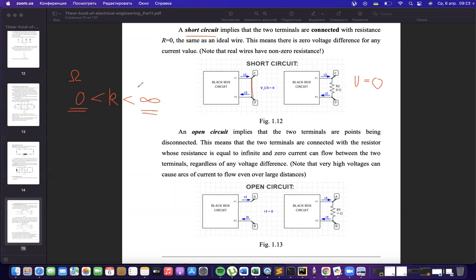And in the opposite situation, infinitely high ohmic resistivity, we have infinitely high resistivity between 2 points, in other words, these points are disconnected. It's called an open circuit. All other situations lie between these 2 boundary points.